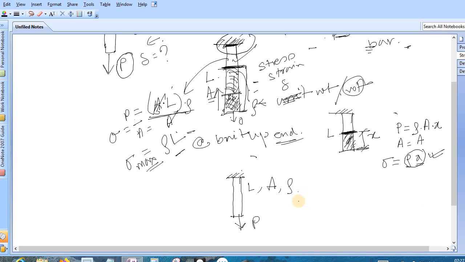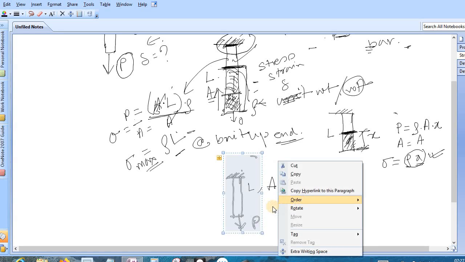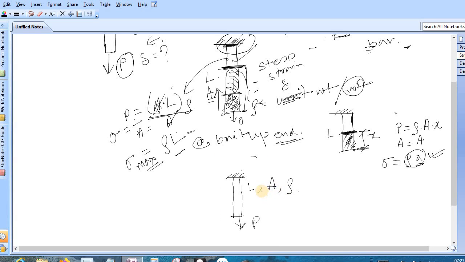Now you have to find the relation between this cross-sectional area and external load and the internal stress. Let's say we are allowed to go up to stress sigma working. You have already learned what is working stress. So now we have to find what is the relation between this cross-sectional area and this working stress. Clear?